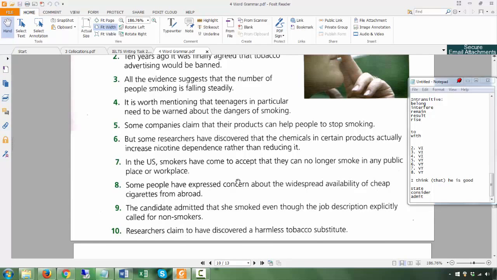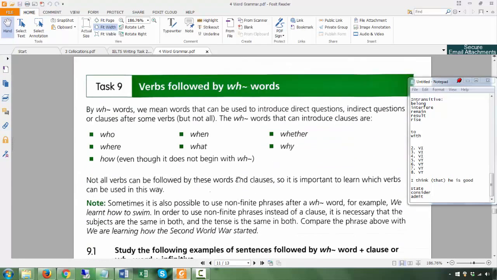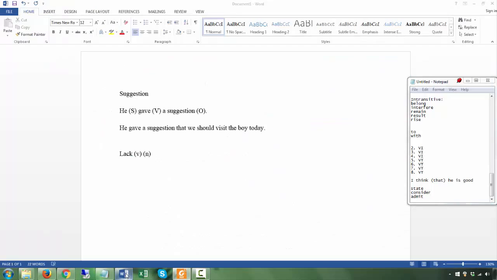All right? Now, before I go into this, I actually forgot about talking about lack. Because when I ask my students to write, please come up with a sentence with the verb lack, I get a lot of sentences with the word lack of.